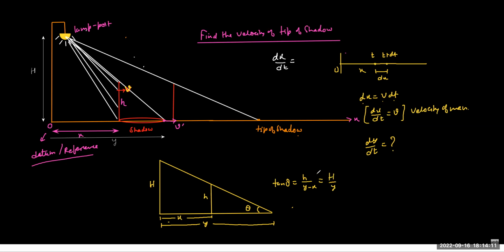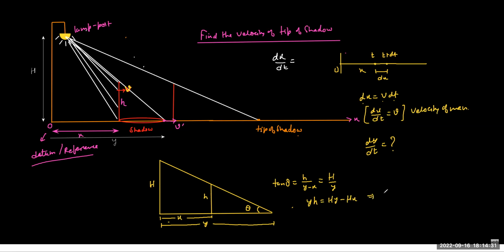So now, because capital H, small h are known to us, and we know the rate of change of x, can we relate this quantity and write y in terms of x? So y h equals to H y minus H x.